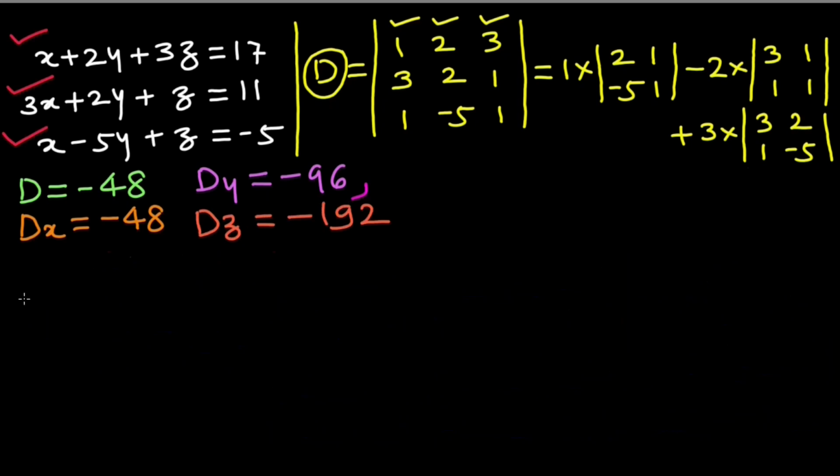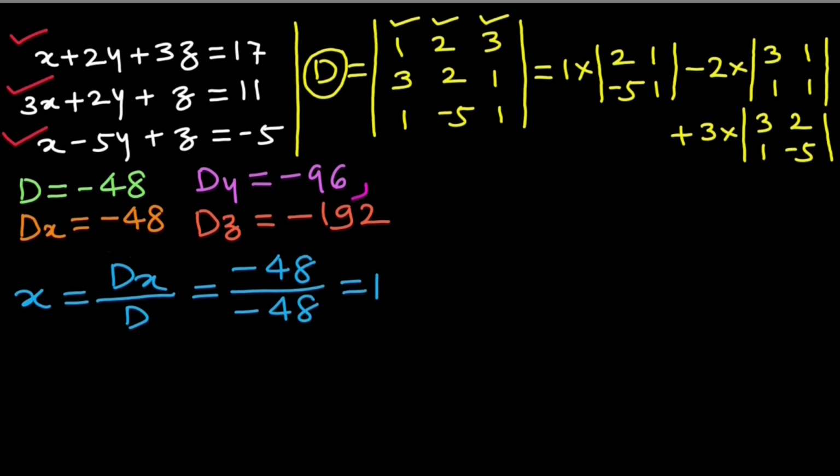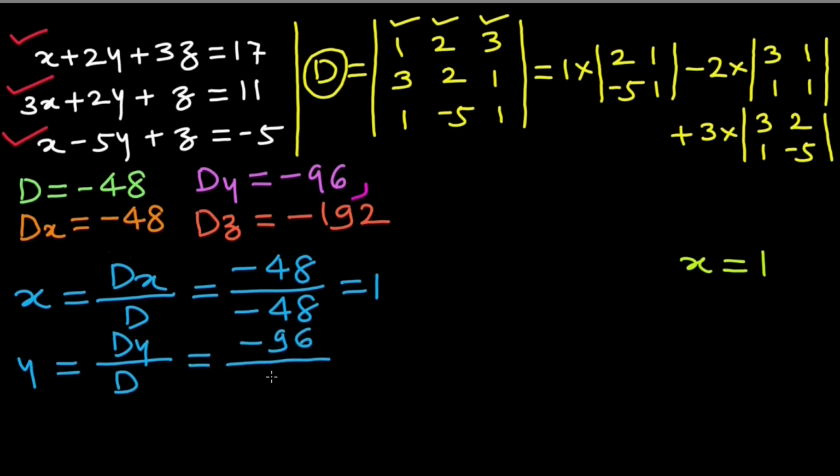According to Cramer's rule, the value of x will be Dx by D, which is minus 48 by minus 48, which will be 1. So the value of x will be 1. Next, y will be Dy by D, which will be minus 96 by minus 48, which will be 2.